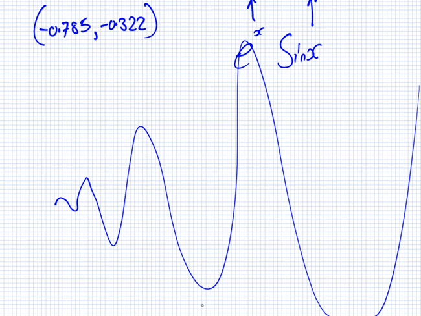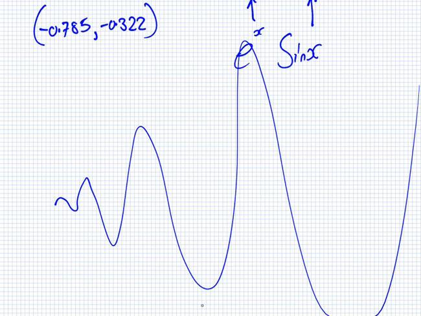No. Divide everything by cos x. So you have sine x over cos x, but you know what that is. What's sine x over cos x? Tan x. So now you have tan x plus 1 equals 0. Oh, I know this. So tan x equals minus 1. So x equals tan inverse of minus 1, which is minus pi over 4.